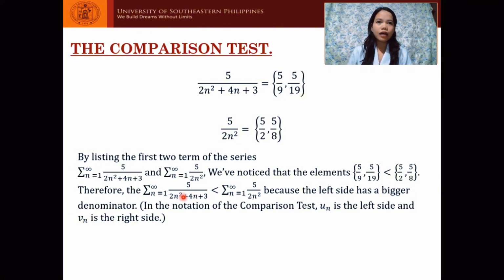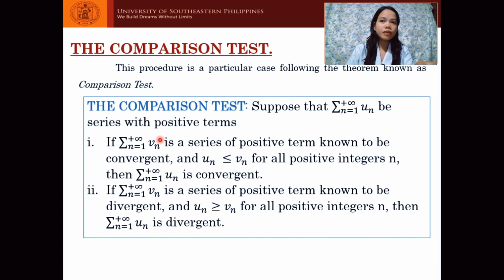So the summation of 5 over 2n squared plus 4n plus 3 from 1 to infinity is lesser than the summation of 5 over 2n squared from 1 to positive infinity, because the left side has a bigger denominator. As you can see, we have proven the first condition of the comparison test, in which u sub n must be lesser than v sub n, and v sub n must be known to be a convergent series.